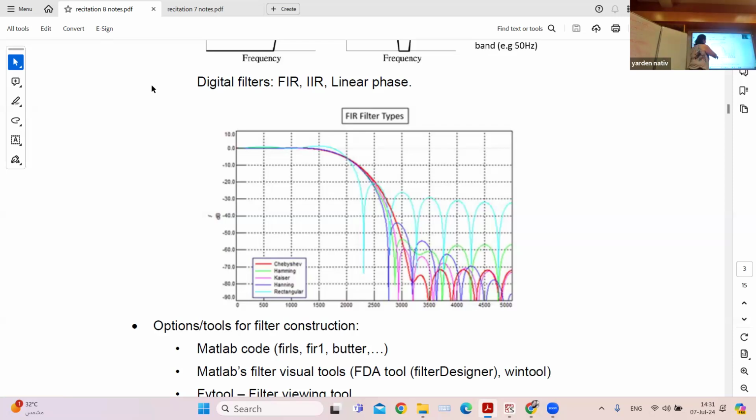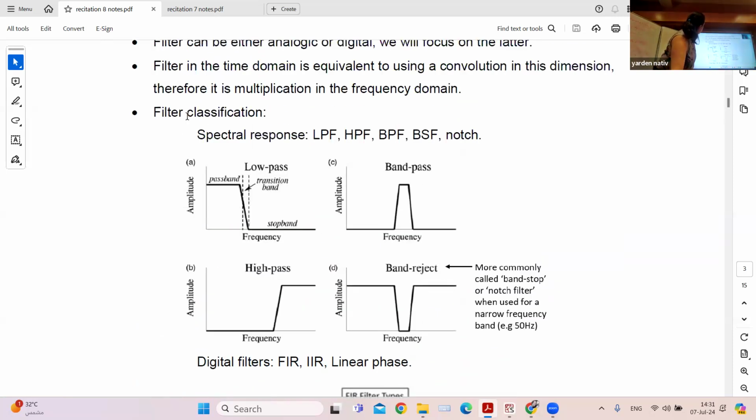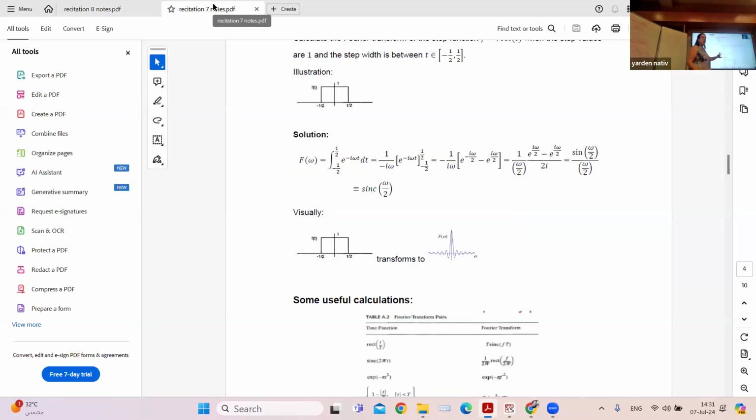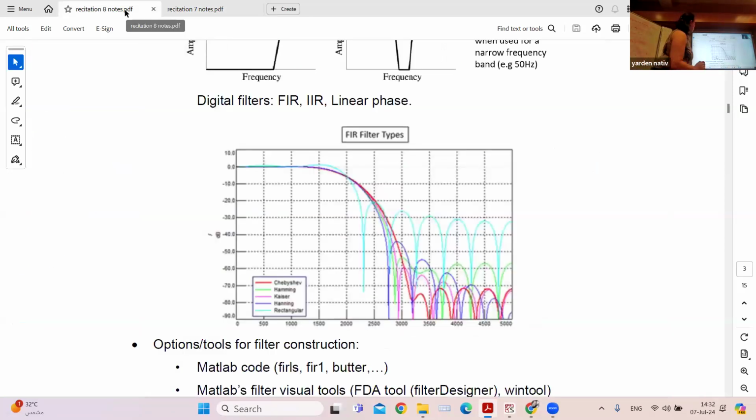So what you see here is a rectangular filter, and we can see only its positive part. And we can see that it creates these very high ripples, which means that if we have a signal over here, the signal will be decreased, or increased, and we will have changes on the higher population, okay?